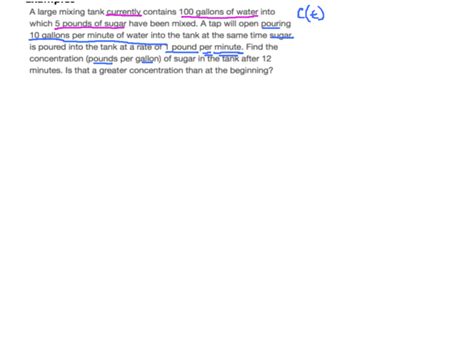All right, so to figure out the concentration of sugar to water, I would divide. So my concentration function based on time has got to be C of T. Okay, so C of T is standing for concentration of sugar to water.